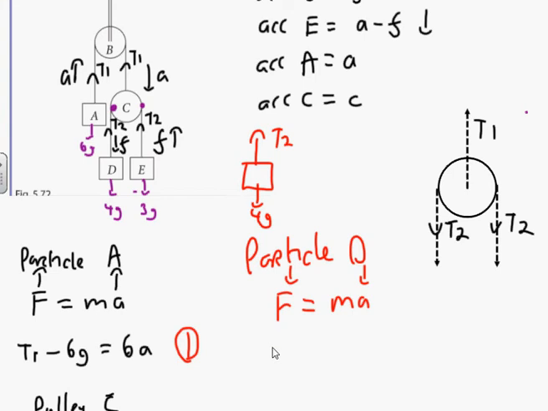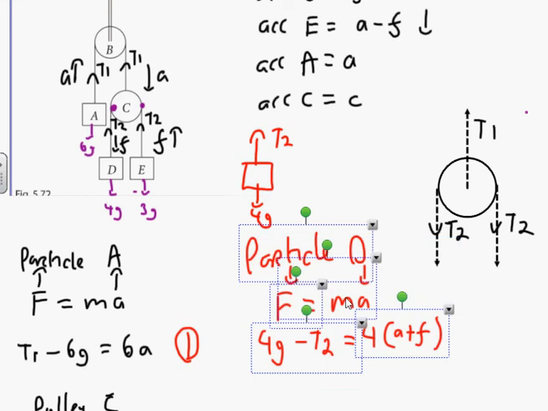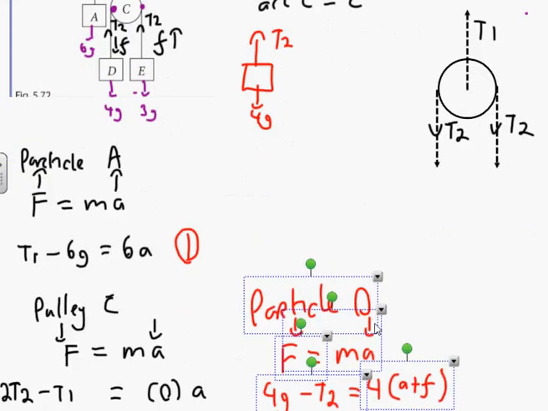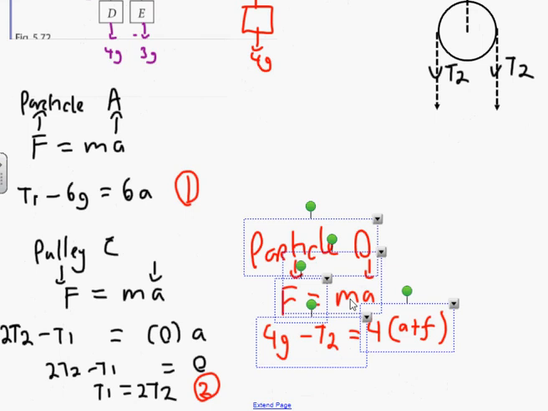So we're assuming it's going down, so which one do we put first? 4G comes first, minus our T2, and that's going to get us 4 brackets A plus F. Okay, particle D, done. So just put particle D down here. Call this equation 3.